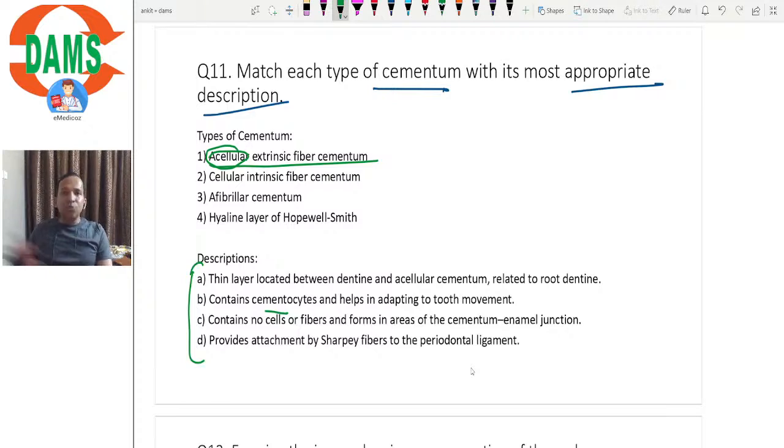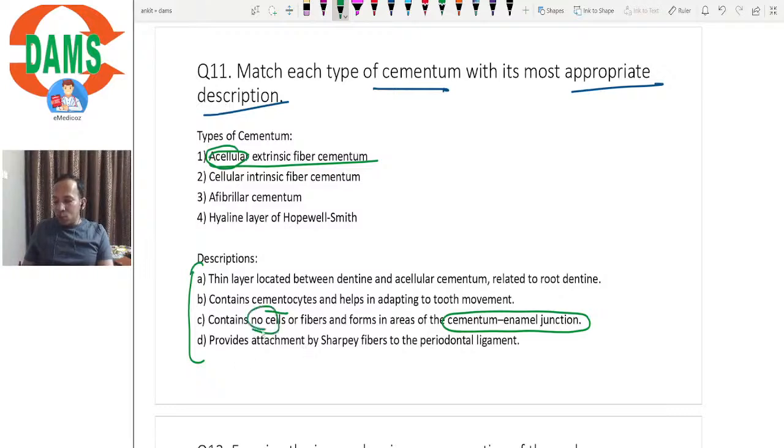So which of these do you think correctly describes the acellular extrinsic fiber cementum? Is it option A, B, C or D? कौन सा होगा इनमें से? Now Anshul, you actually were a bit hasty in choosing between option C and D. Just take a look at option D, and I'm sure you would feel that option D is a better choice than option C. Why?